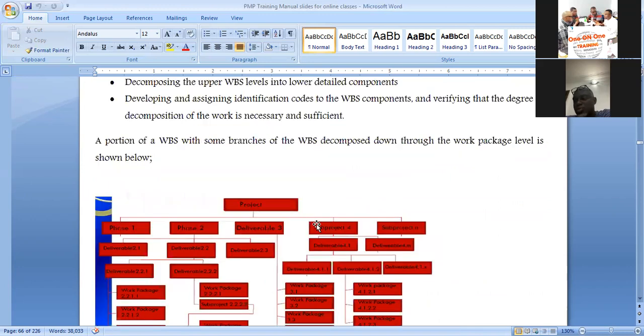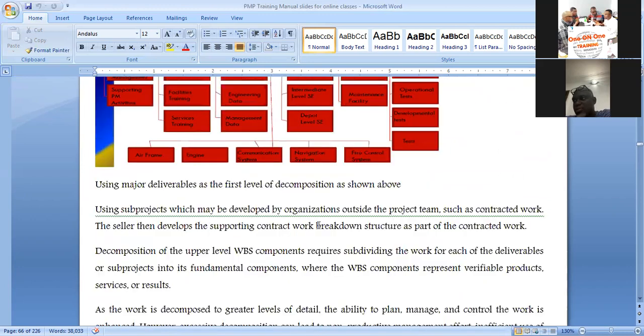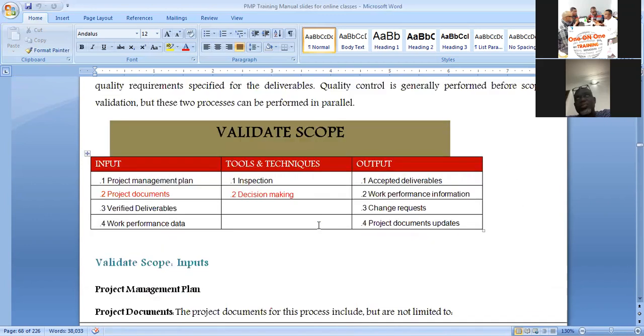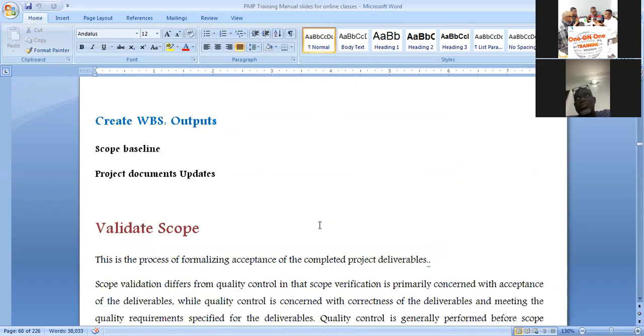Is it possible for us to further subdivide it? Sure. When we do that, it is called defining activities. But leave these defined activities, don't write it down, because I will talk about it in the next knowledge area. I just want you to understand that the work breakdown structures can be further subdivided.